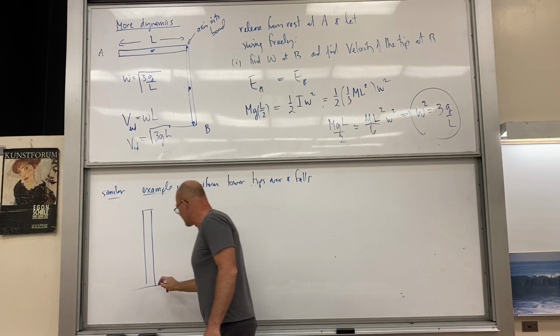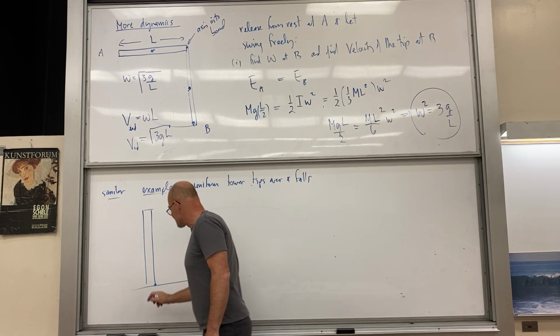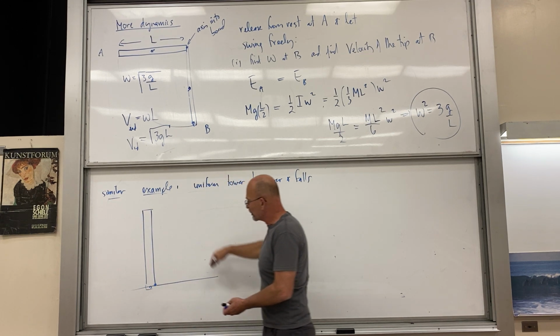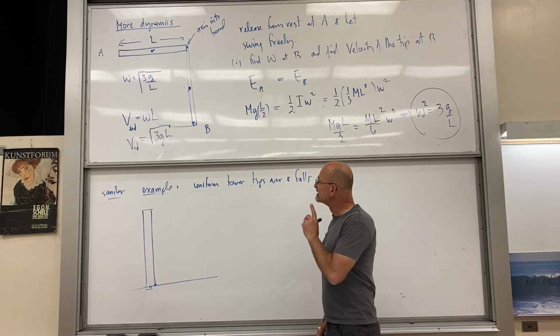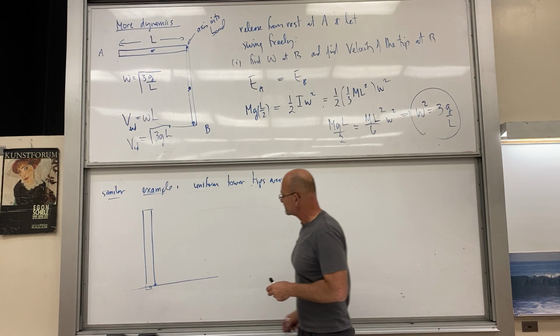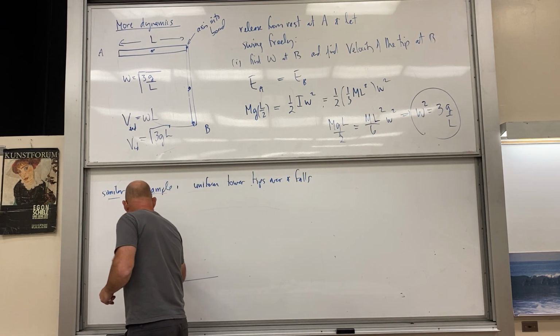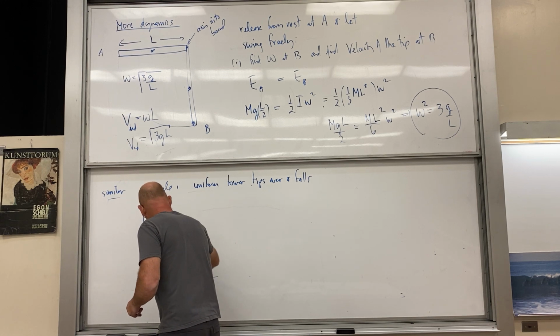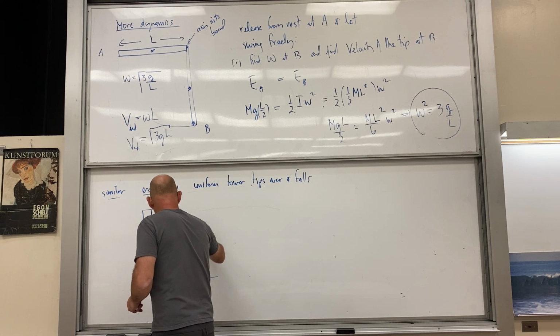The idea is it's going to fall, and there'll be an axis at the point about which it falls. Similar problem. The center of mass is going this way. So this thing is falling.